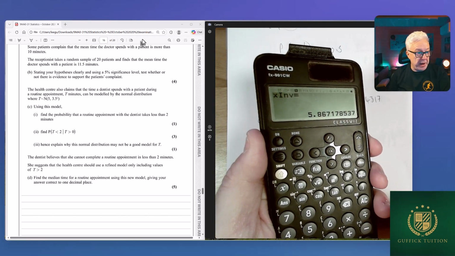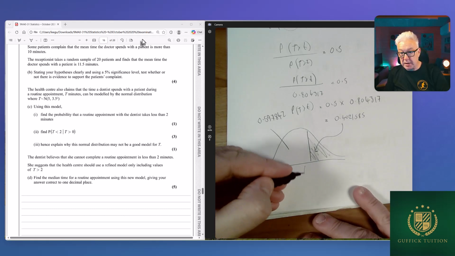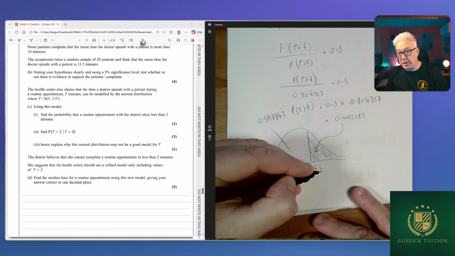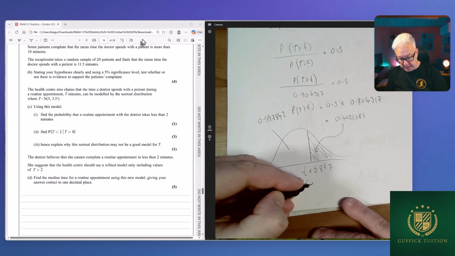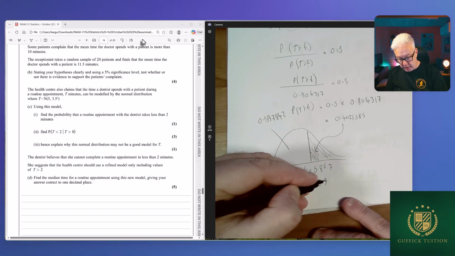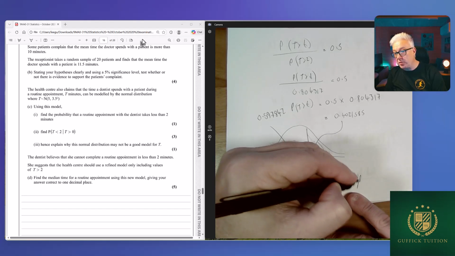That's looking a lot better now, 5.867. Okay, so that time is equal to 5.867. So we could say the time is equal to 5.9 minutes if we're giving it to 1 decimal place.